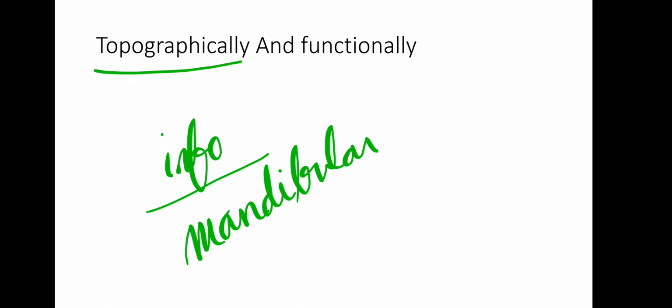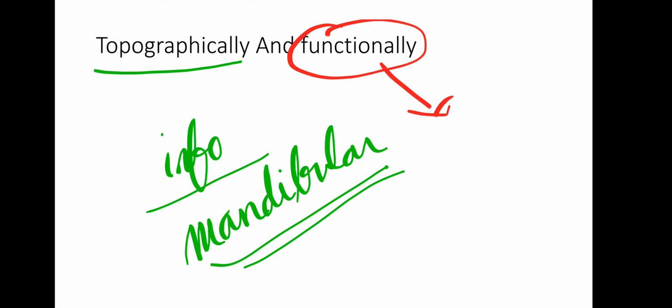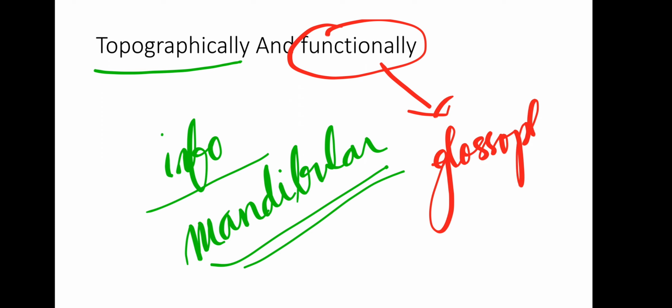And one another term is topographically. Topographically, from the outside, it will look as if the information is carried by the mandibular nerve, but functionally, the information is provided by the glossopharyngeal nerve.